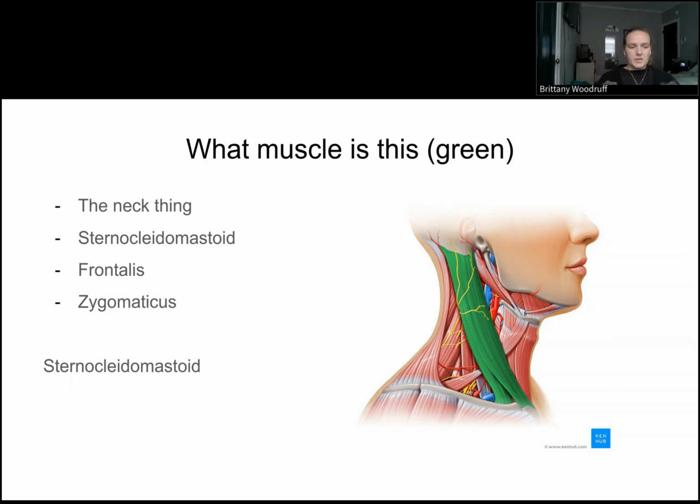You're looking at a picture of the neck. Chances are it's not going to be in the neck. Same thing if you had quadriceps or hamstrings, those are found in the leg. So you can eliminate those if you're looking at the picture or being asked about a muscle in the neck, and you know the muscles are somewhere else in the body, you can just cross those off.